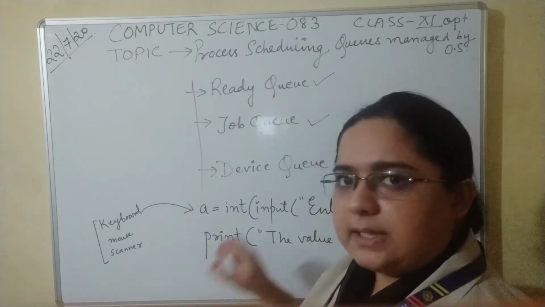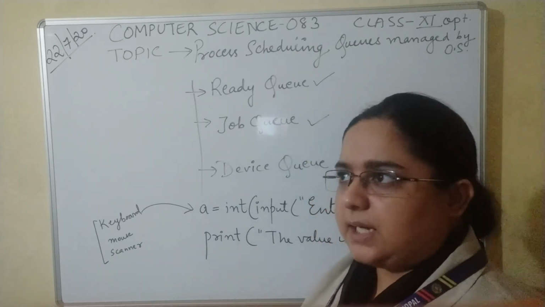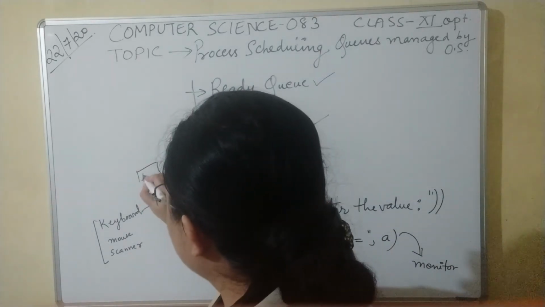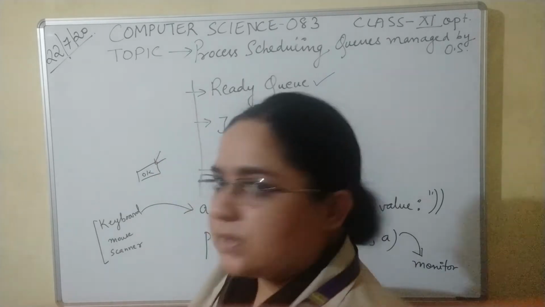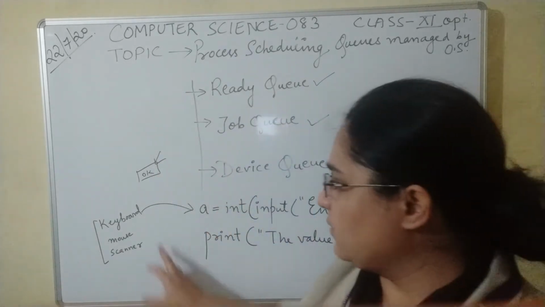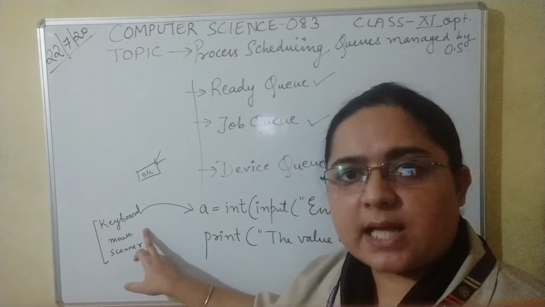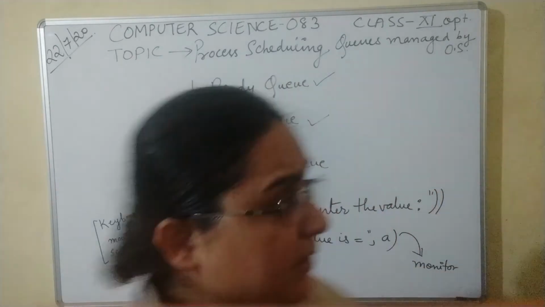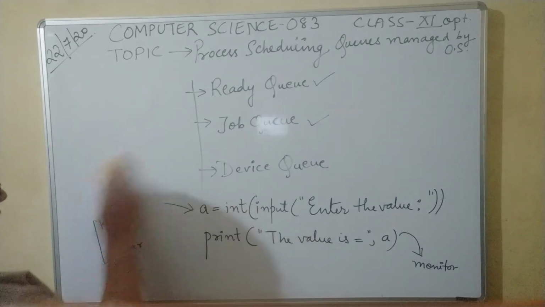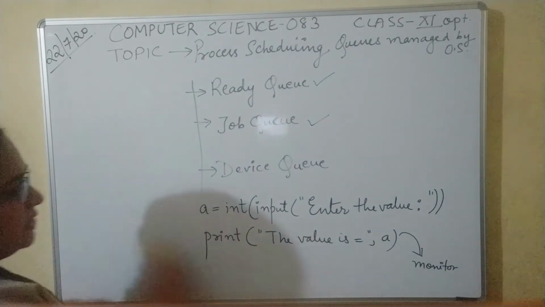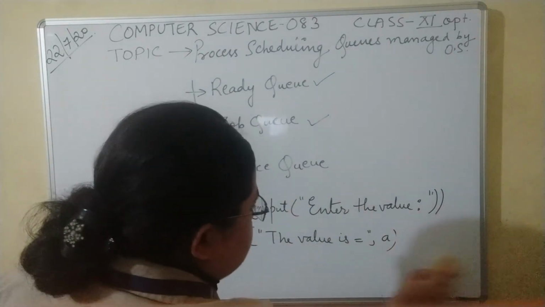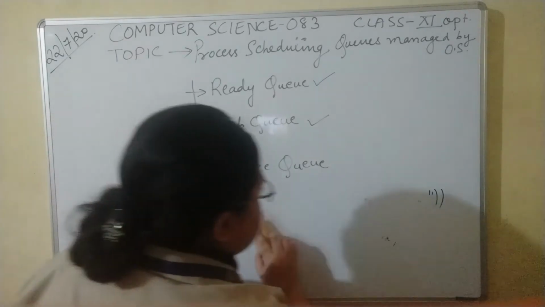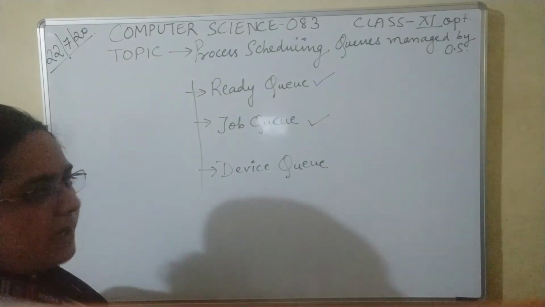Similarly, if I am clicking something with the mouse, if I am creating an event driven program which consists of buttons which I need to click, such programs will also take the mouse as the input device. So we have different input devices and different output devices which are used for managing all these types of operations.